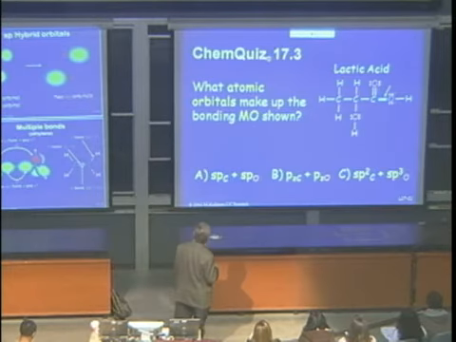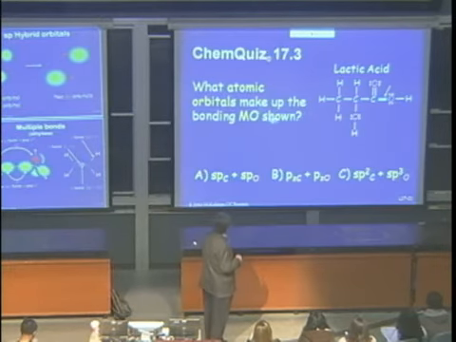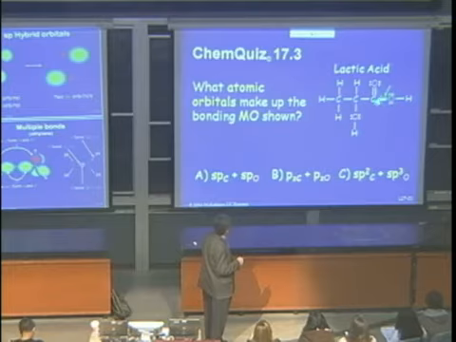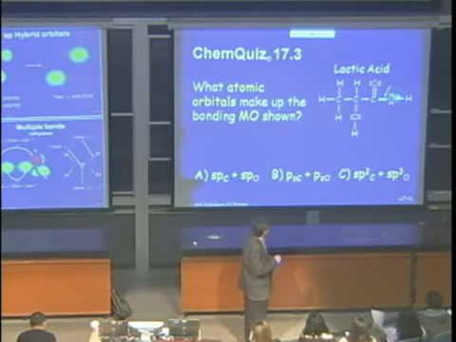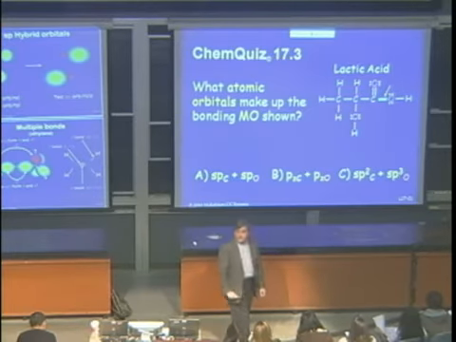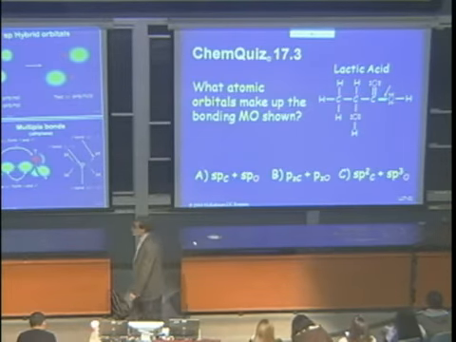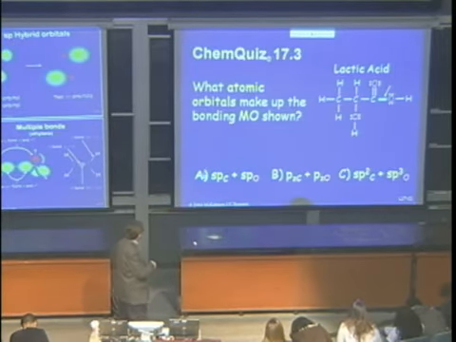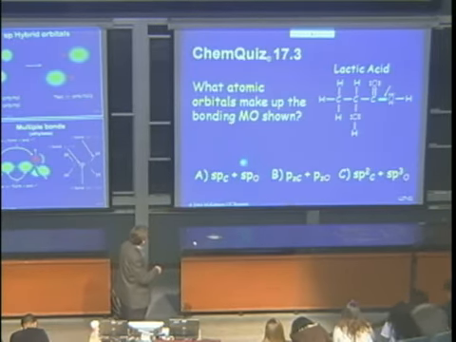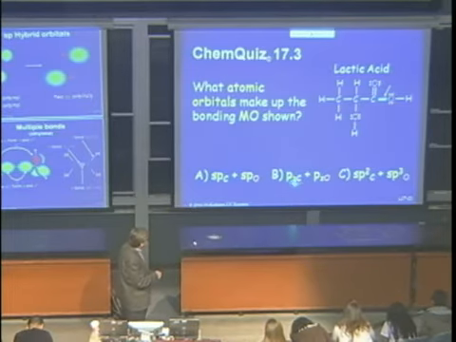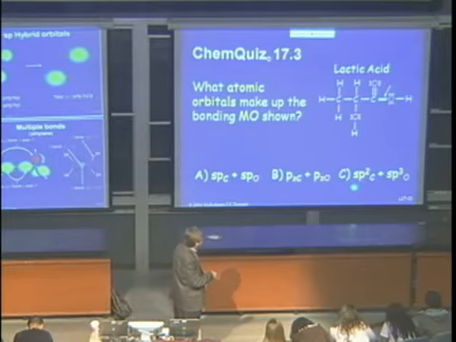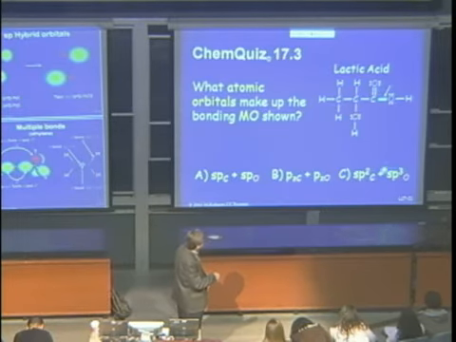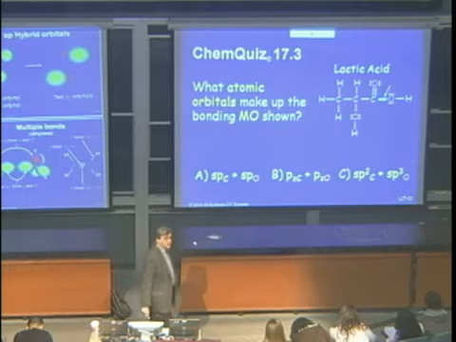And here you have an oxygen. There's 2 free electrons here, 1 bond here and 1 bond here. I want to know what makes the bond here. What kind of a bond is this here? Okay? So you need to find the steric number of this one, find the steric number of that one, find the hybridization, and then overlap it and tell me if this is an sp on the carbon and an sp on the oxygen that overlap, or is it a p on the carbon and a p on the oxygen that overlap, or is it an sp2 on the carbon and an sp3 on the oxygen that overlap.